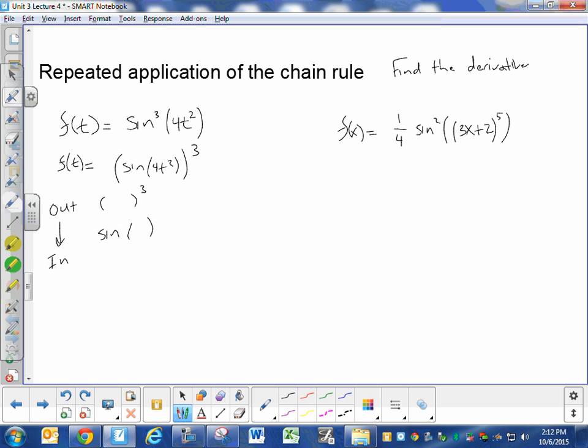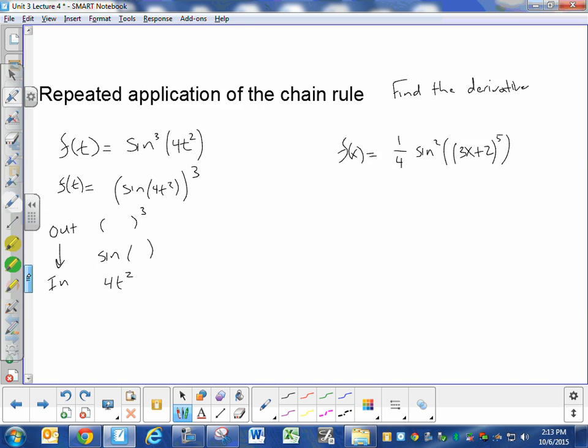The last piece is the 4t squared. If you have 3 or more functions being composed, you treat it almost just like 2 functions. You just work outside in.